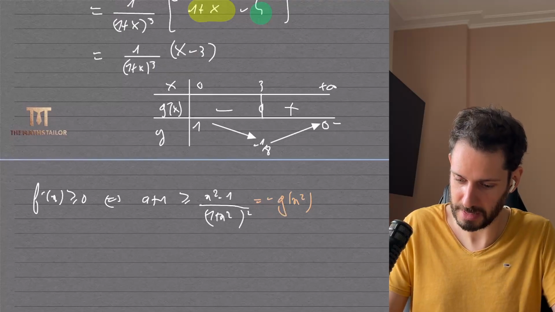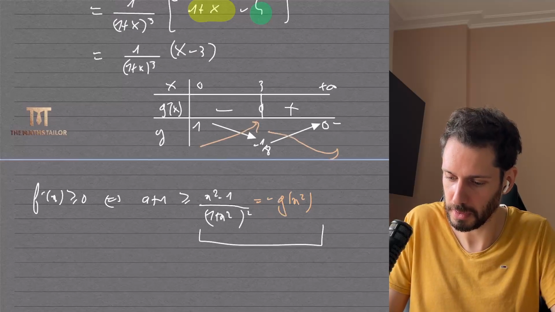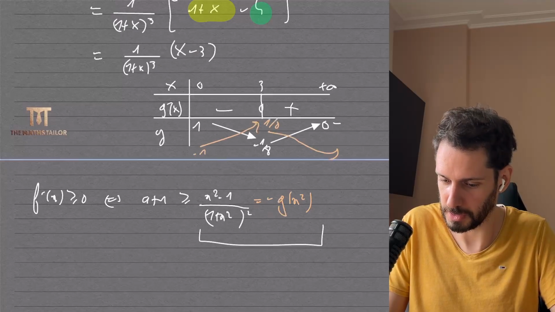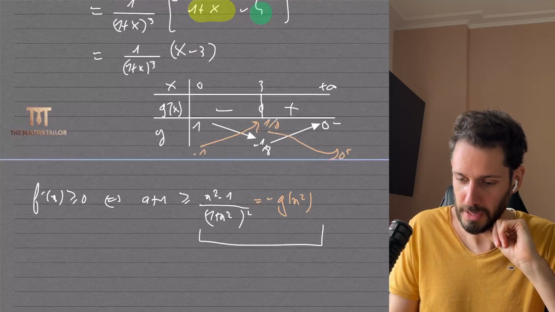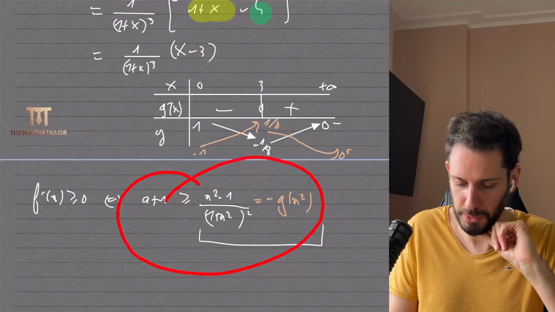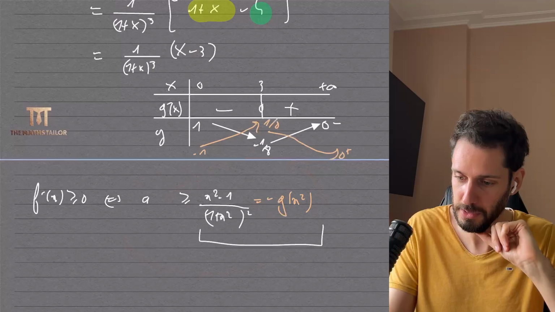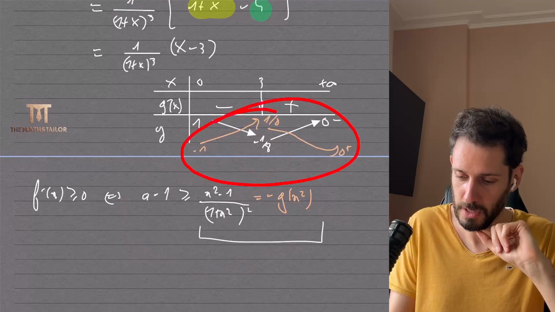And I know this maximum value, so minus g would be like this, you know, up, with 1/8. I guess this doesn't change, would be minus 1 here and 0 plus here. So I have something like this now, and I want to make sure I want this to be true. In order for this to be true, I need a minus 1 to be bigger than 1/8. So that was my mistake.